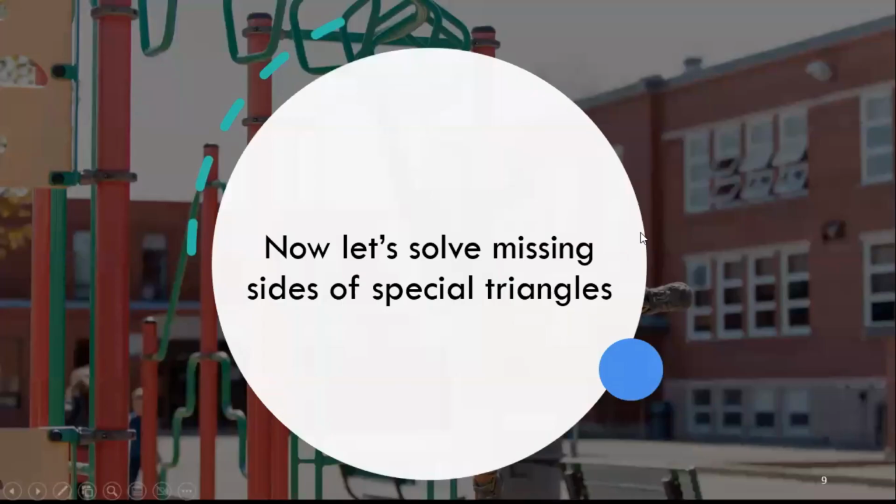Now let's solve for missing sides of special triangles. Again, for the 30, 60, 90 triangle, we have the 30 and 60-degree special angles. The side opposite the 30-degree angle is always one half the hypotenuse, and then you can solve for the third side using the Pythagorean theorem.